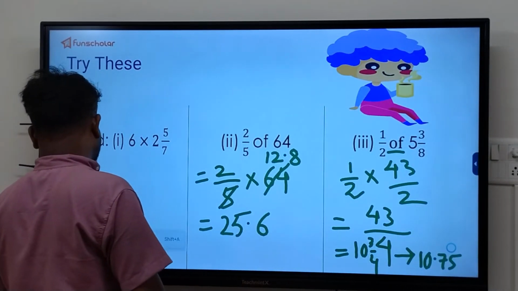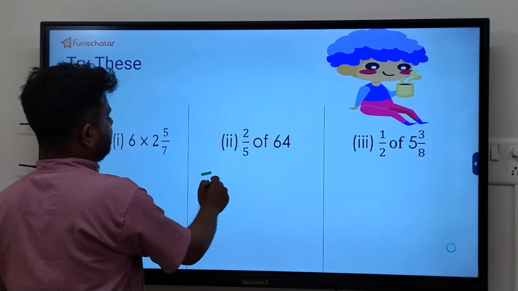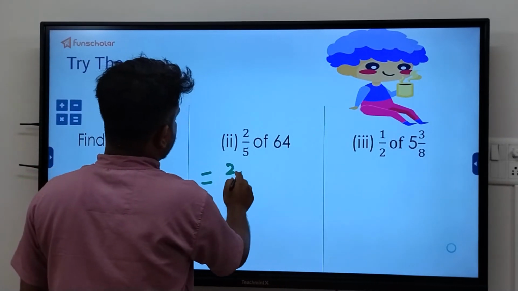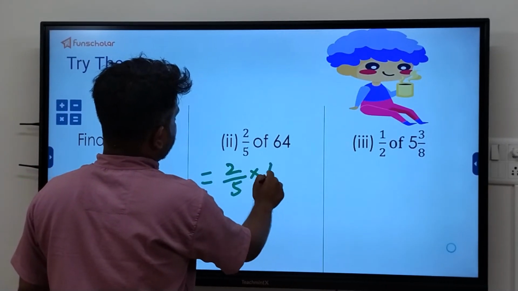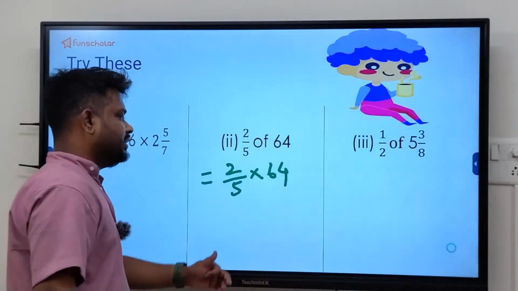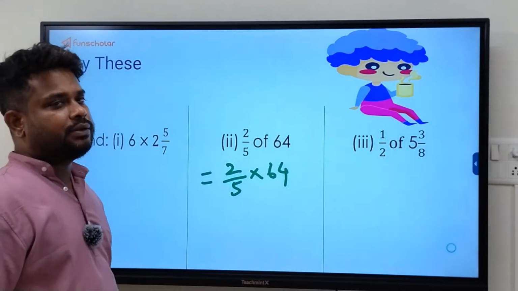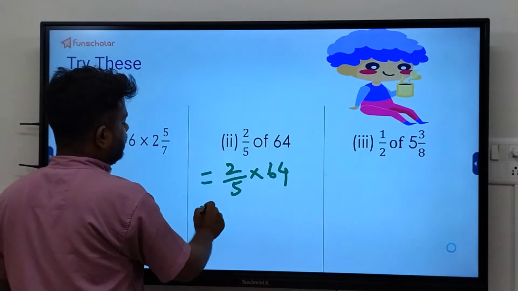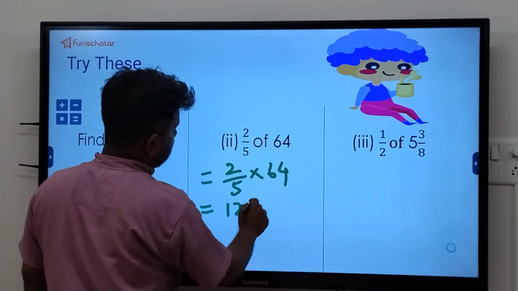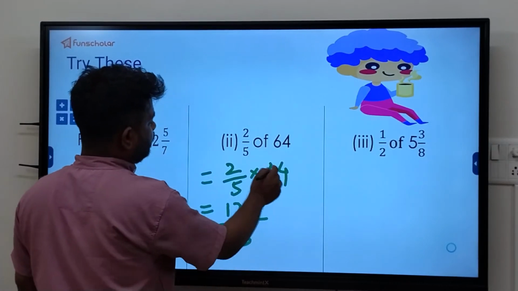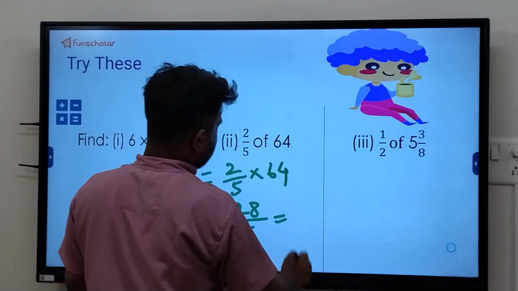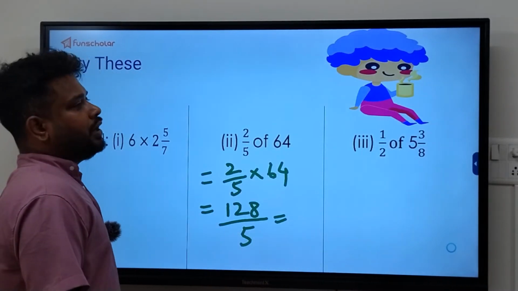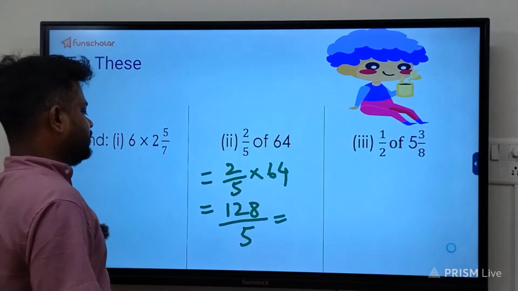But if you want to do this in fractional form, we don't have a chance to use cancellation here, because no one will cancel with anyone. Okay, so it will be 128/5. Simply we multiply this, and then we have to make it a mixed fraction.